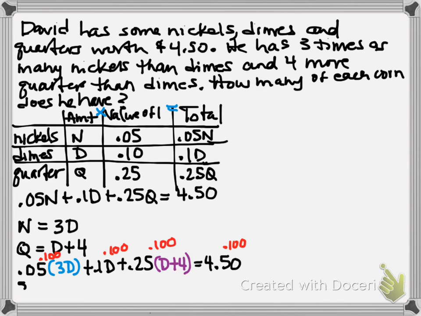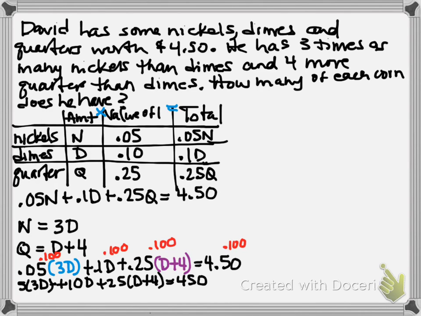So this becomes 5 times 3D. When I move 0.1 over twice, it gives me 10D. And moving the decimal point over twice gives me 25 times the quantity D plus 4 equals 450.